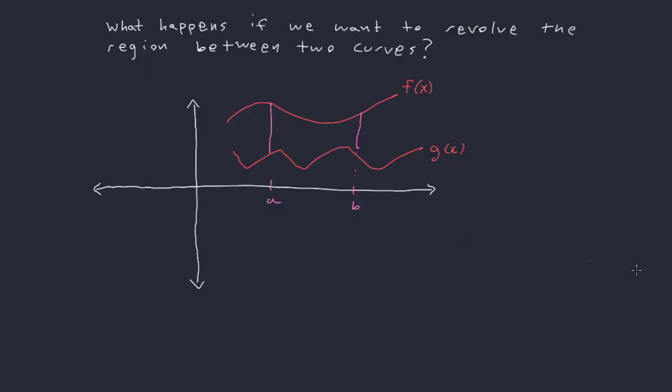All right, the question that comes up now is, what happens if I don't want to just revolve one curve, but I want to revolve the region between two curves, right?